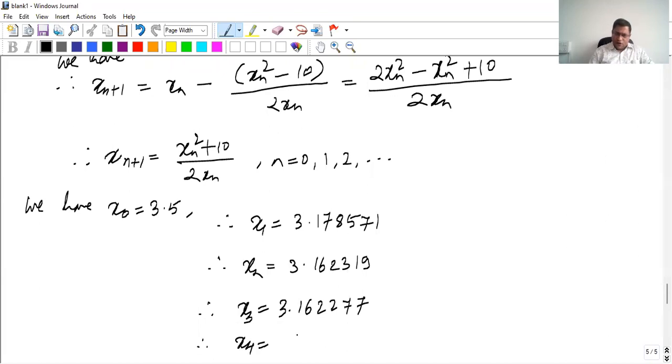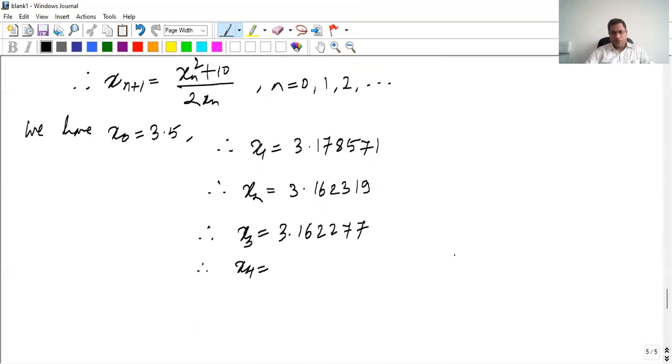So we can go for x4. If we go for x4, we get 3.162277. Here we wanted 4 digits, but actually all 6 digits are matched.